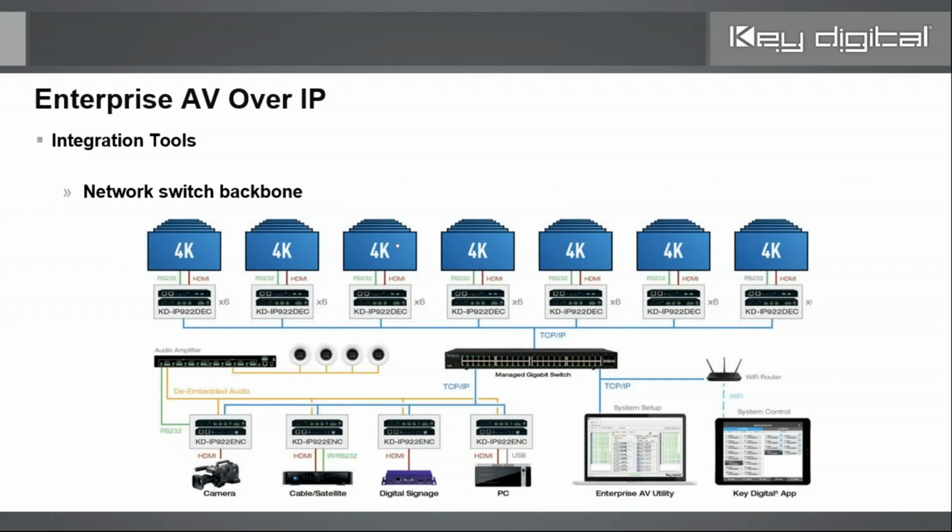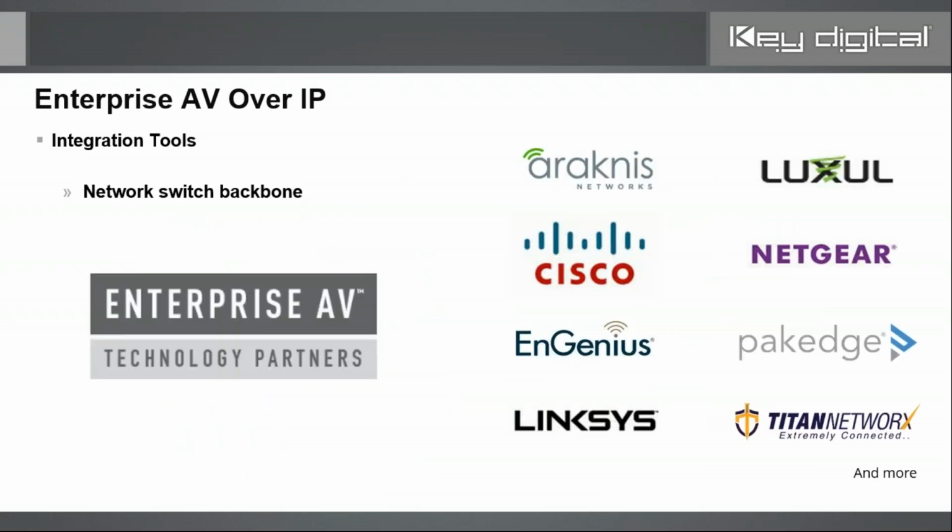Now, the beauty of video over IP, again, one encoder per source, one decoder per display, and you use a network switch in the middle. And that network switch at KeyDigital, we give you many, many options.